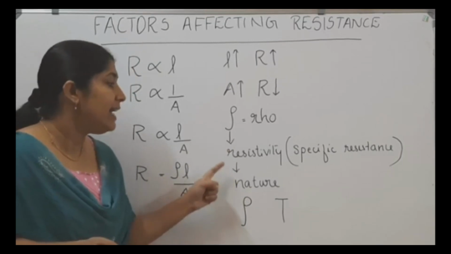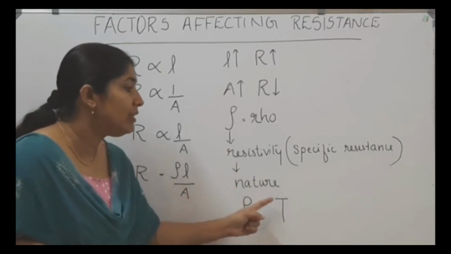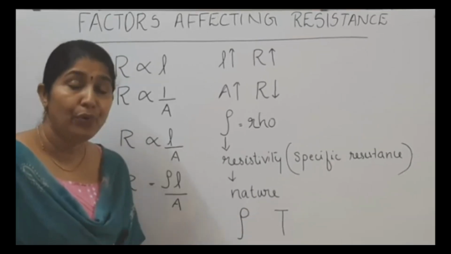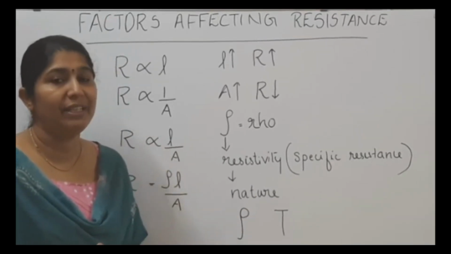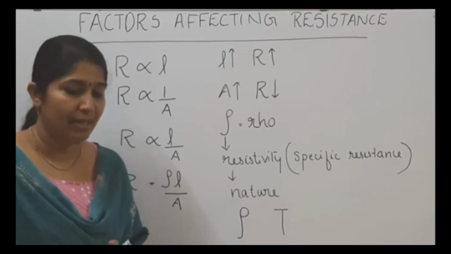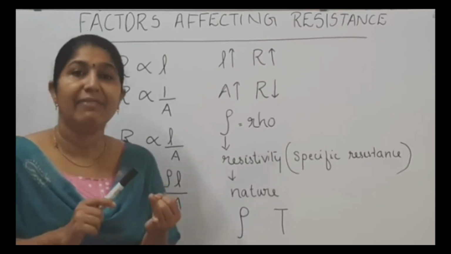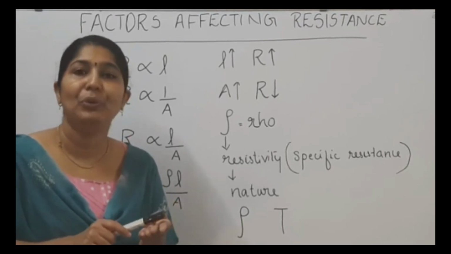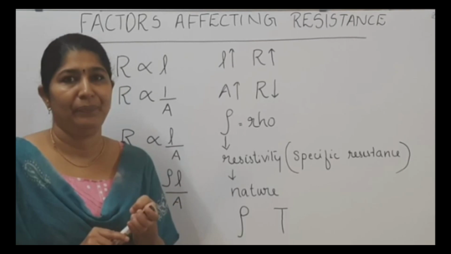Again, the nature of the material changes with the temperature. So, we can say that there are four factors affecting the resistance of the conductor: first is length, second is area, third is nature of the material and fourth is temperature.